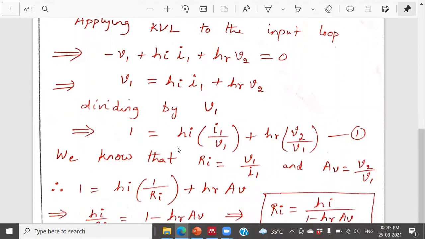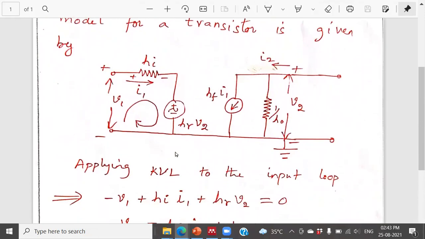Now we know very well that the input resistance is given by the input voltage divided by the input current. Resistance is voltage by current. Here the input voltage is V1 and the input current is I1.